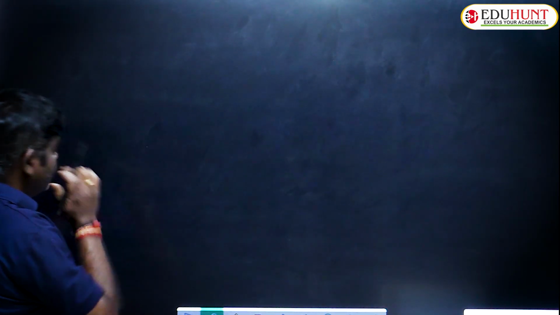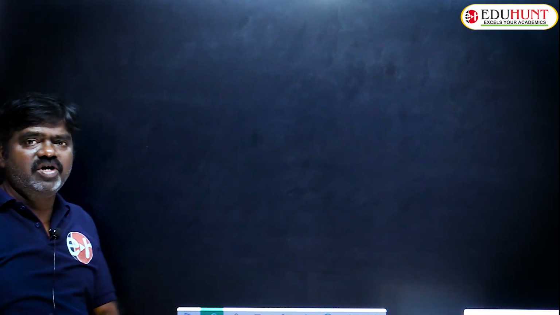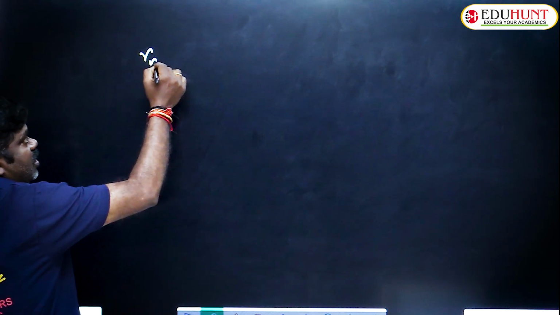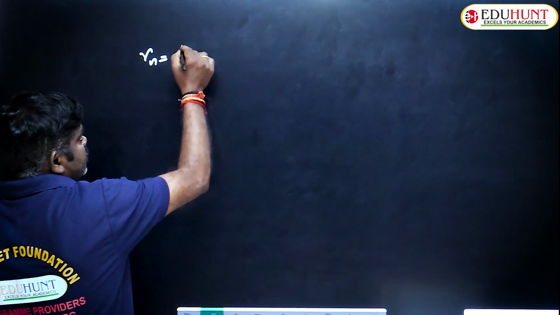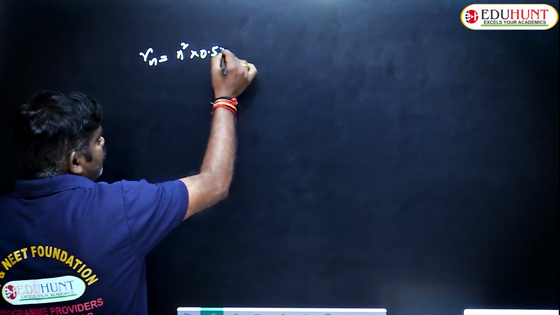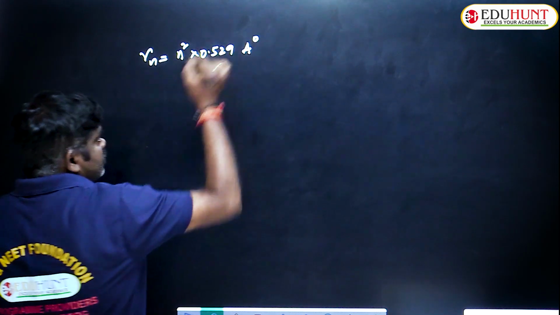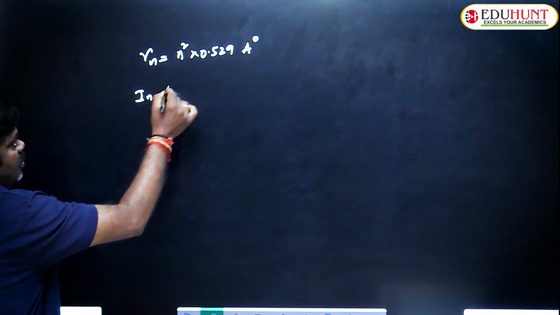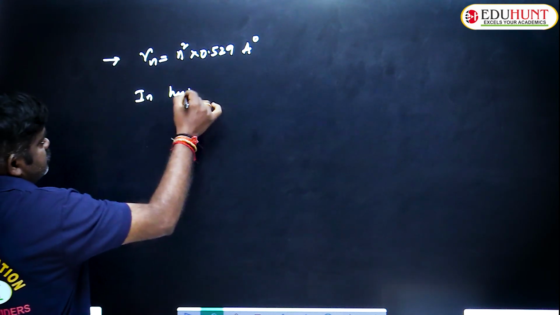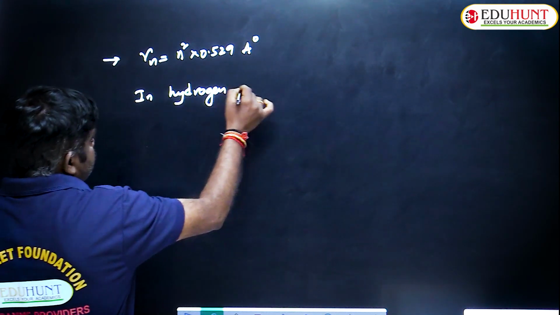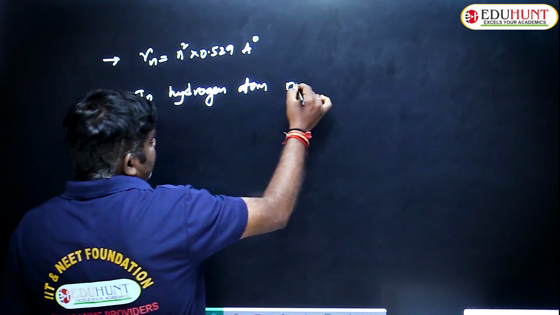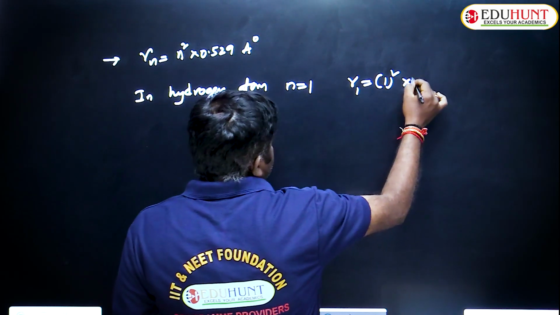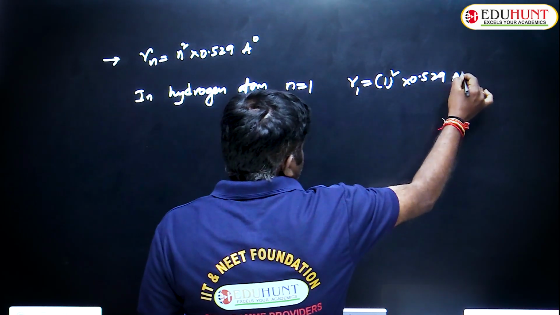We also have a formula to explain the radius of an atom based on Bohr's theory, that is Rn is equal to n square times 0.529 angstroms. For example, in a hydrogen atom, if n is equal to 1, R1 is 1 square times 0.529, which equals 0.529 angstroms.